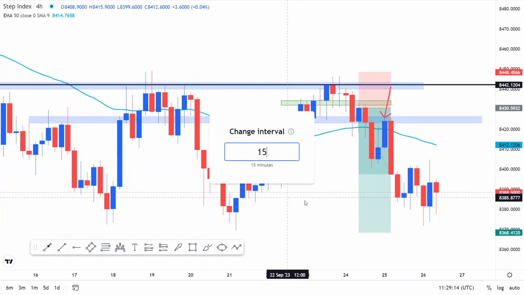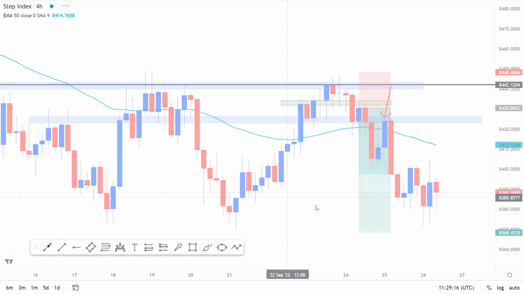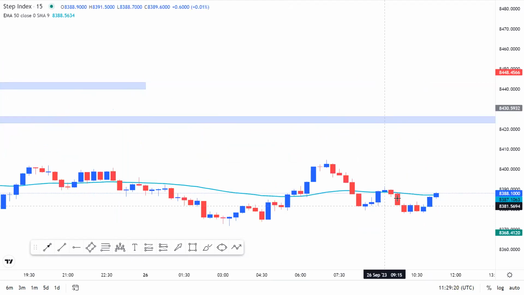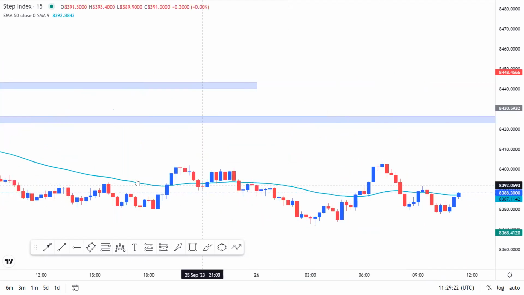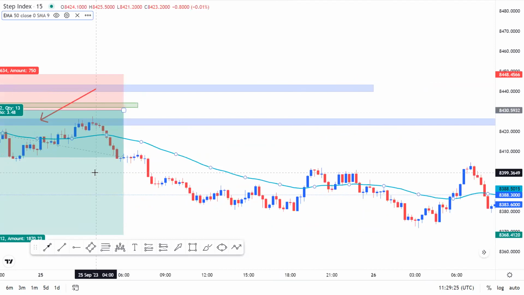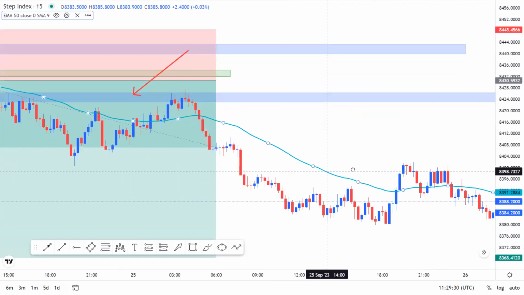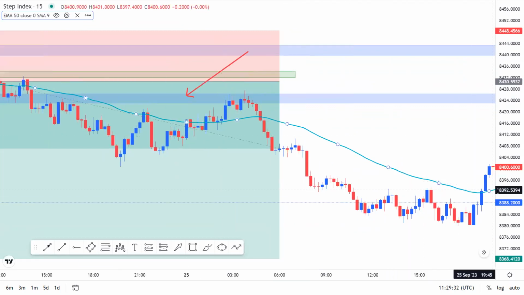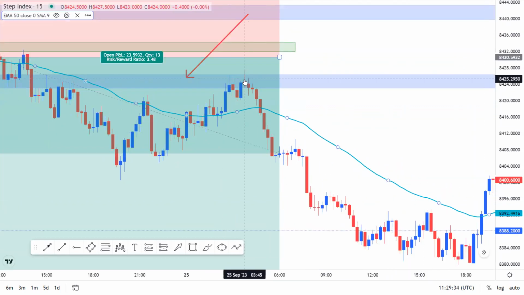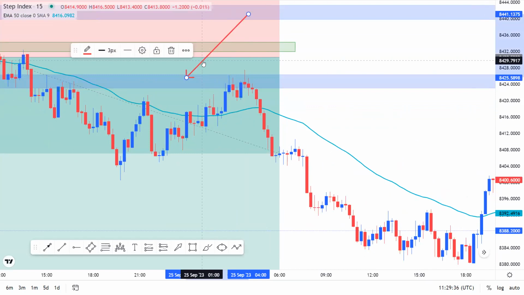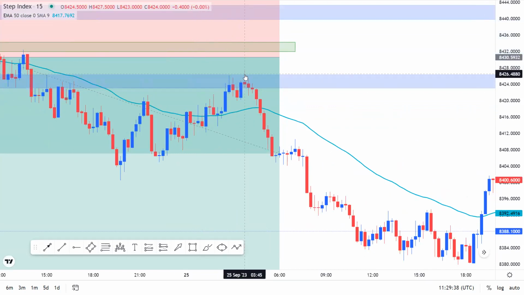From the 15 minutes time frame, all I needed at the retest of that level was a shift in structure. So here, right, we have this being the level. As soon as we tapped into the level, we had a nice 15 minutes rejection candlestick.